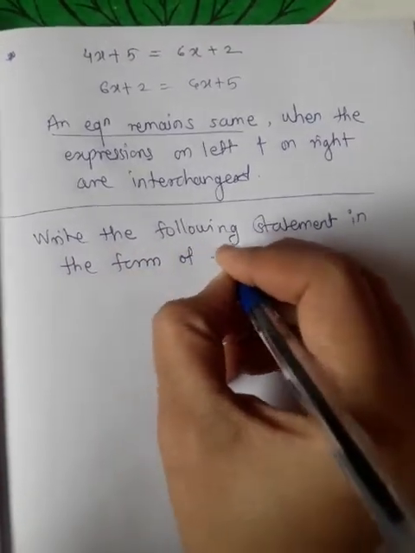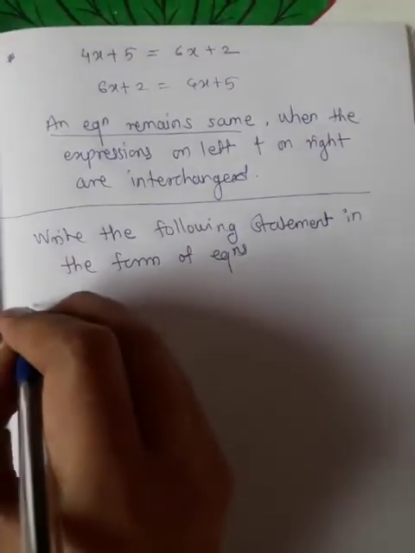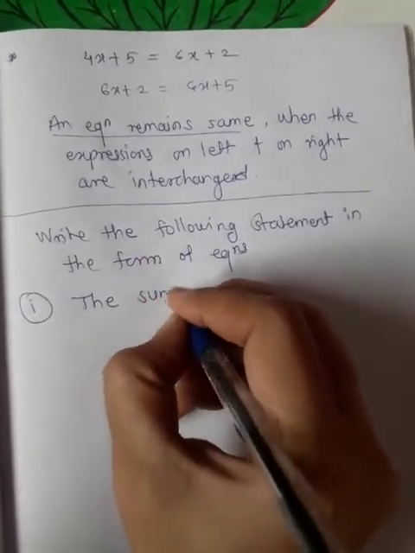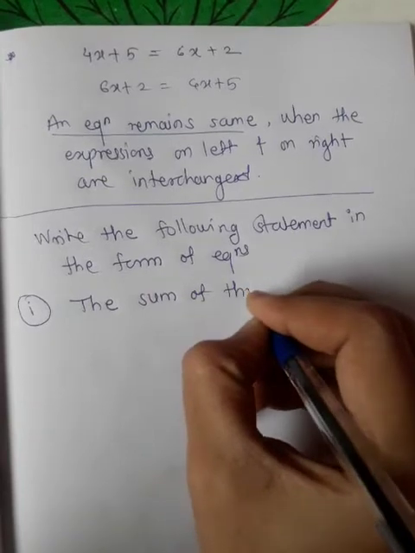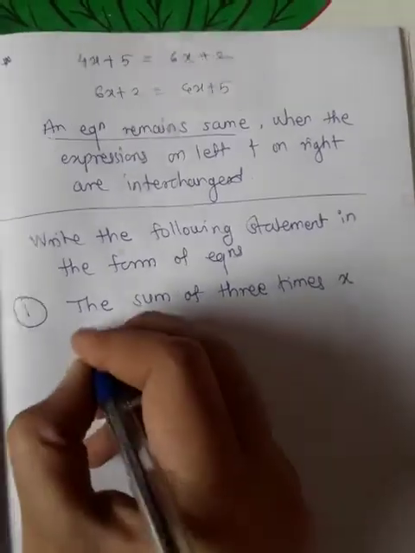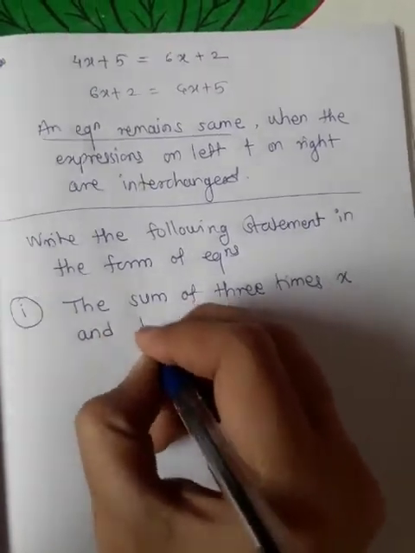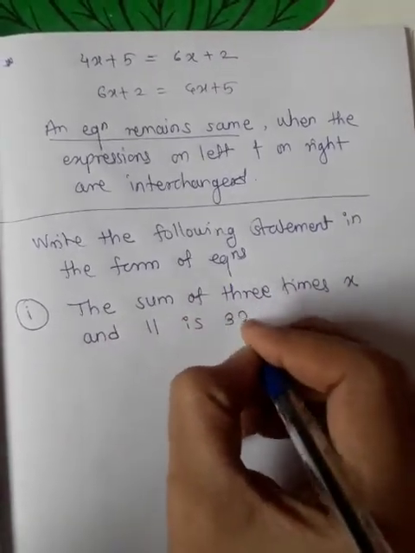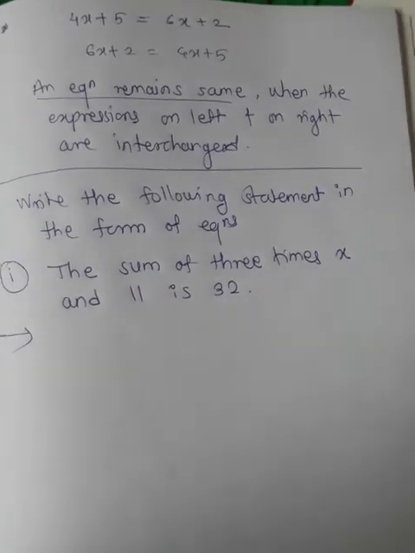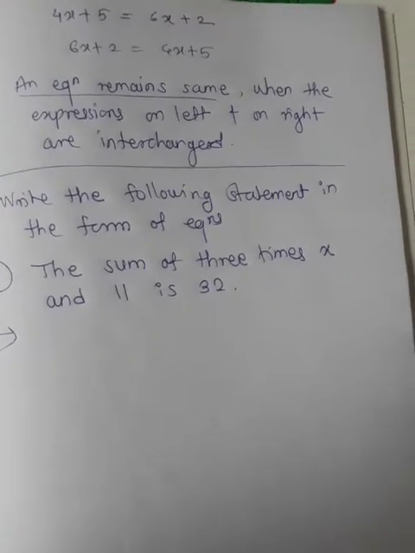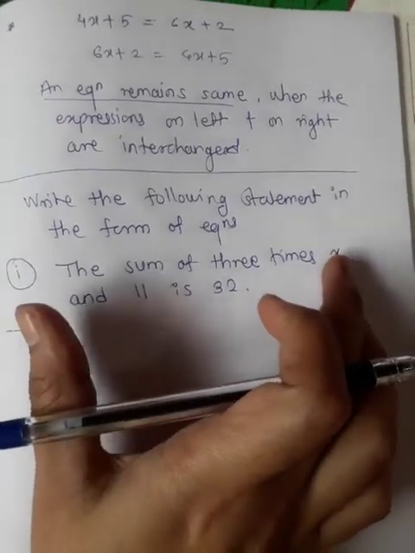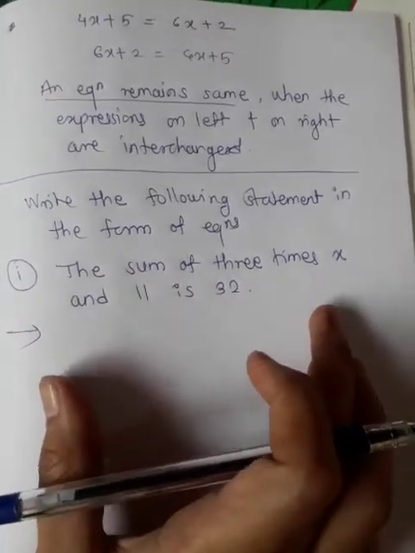The first one is: the sum of 3 times x and 11 is 32. Here they have given some word statements and we have to convert them into the form of an equation.